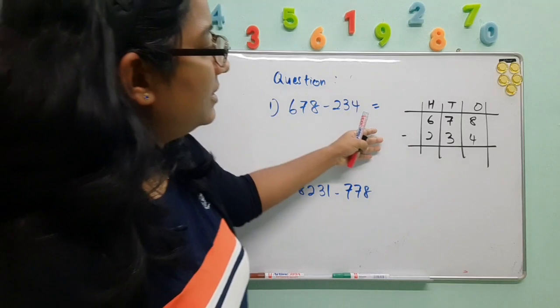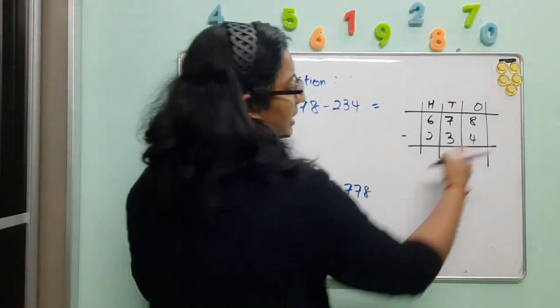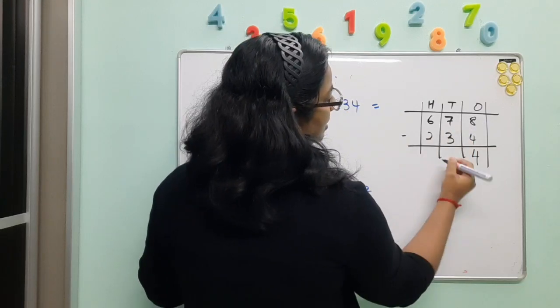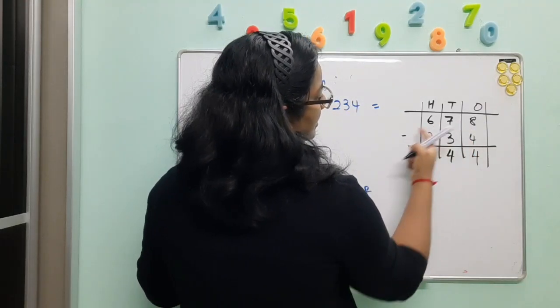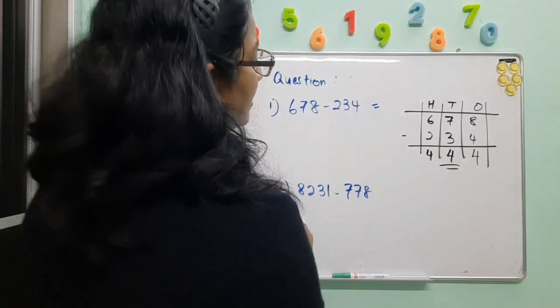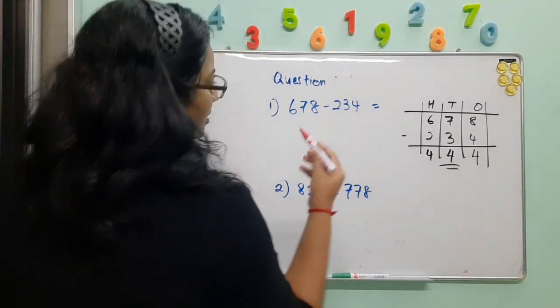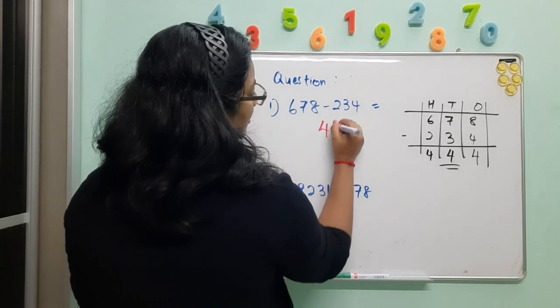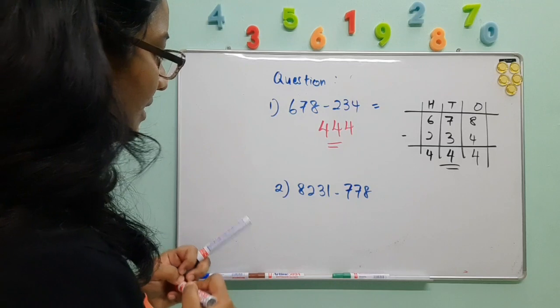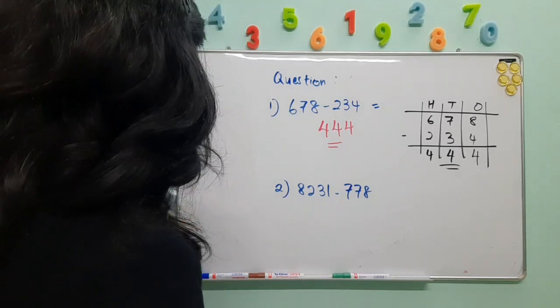So if you can see, it's quite straightforward. 8 minus 4 is 4. 7 minus 3 is 4. 6 minus 2 is 4. So therefore the answer is 444. Let's do question number 2.